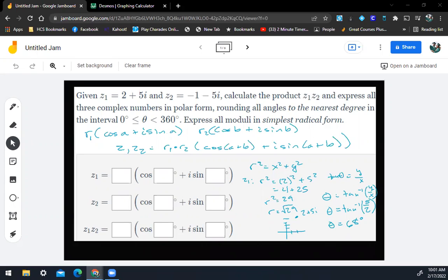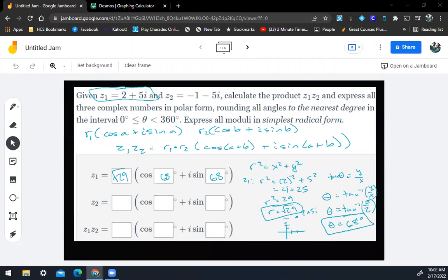So yes, we have the right theta here. So we can set this up as square root of 29 cosine 68 plus i sine 68. So we've turned our first complex number from rectangular form into polar form.